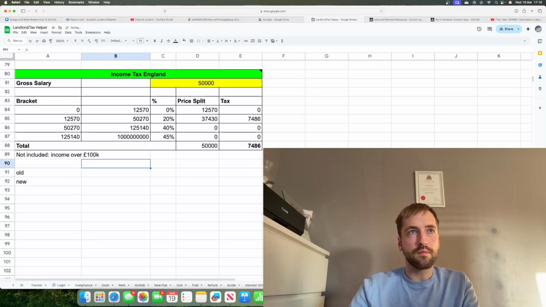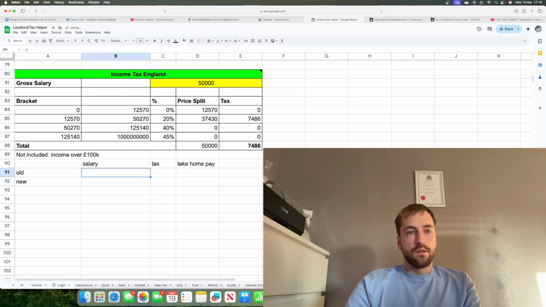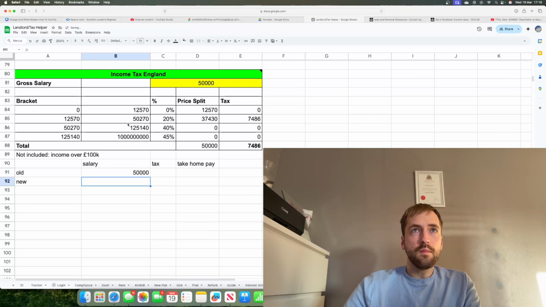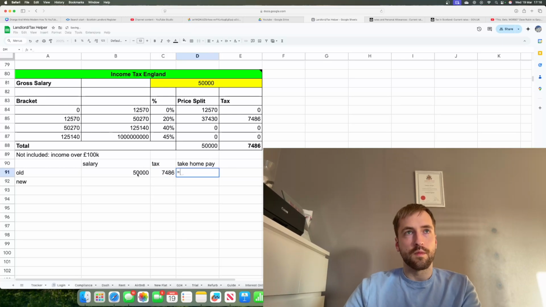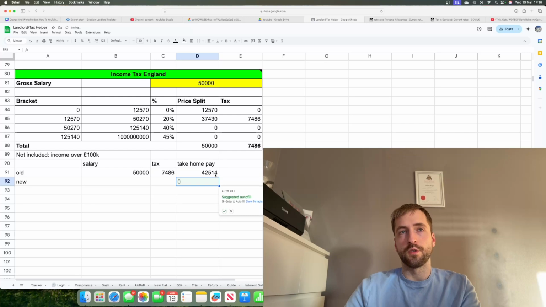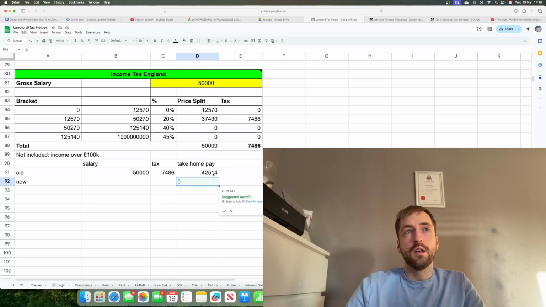For this example here, let's say you're making £50,000, so you have your old and your new, and this is your salary, tax, and take-home pay. So your old salary is £50,000. That means you pay 7,486 in tax, and your take-home pay is 50,000 minus that amount, which is £42,000.